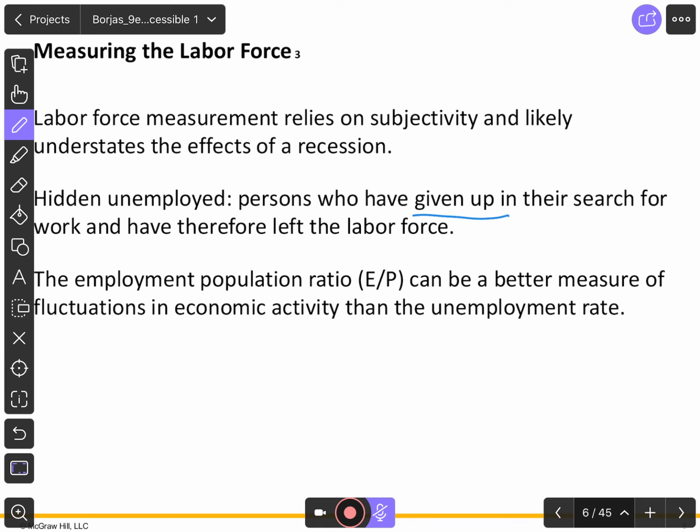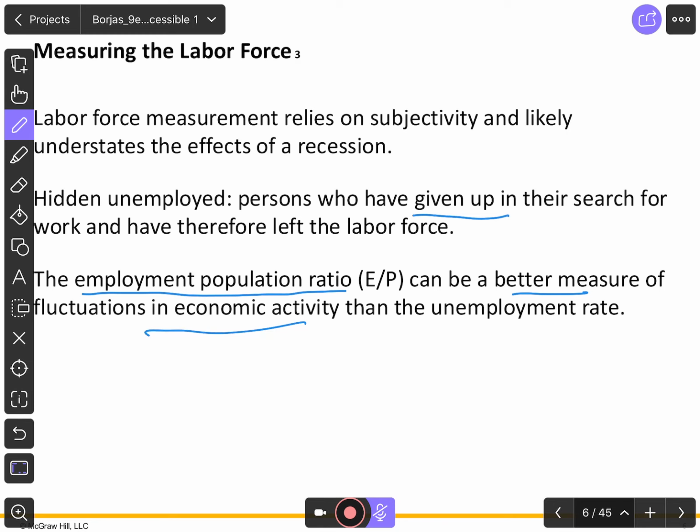So one of the important measures, or more accurate measures, is the employment population ratio. It is a better measure of the fluctuation of economic activity. How many people are actually employed, how many people are fired during a time of a recession, for example, or how many people are employed more during the economic boost, or when the economy is expanding.